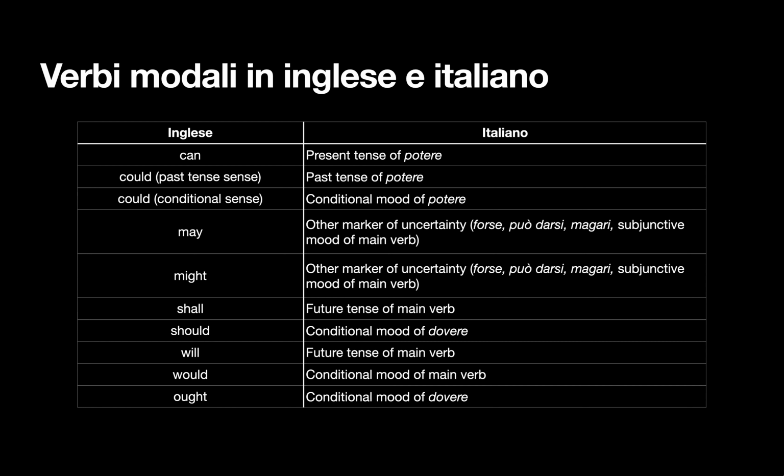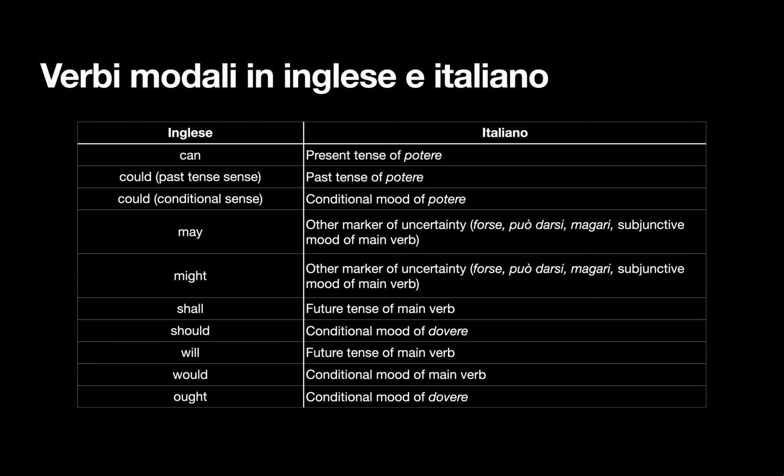Same thing with "might." "May" and "might" are kind of similar in meaning, so they would be handled in a similar way. "Shall" would be covered by the future tense of the main verb. "Will" would also be the future tense of the main verb.